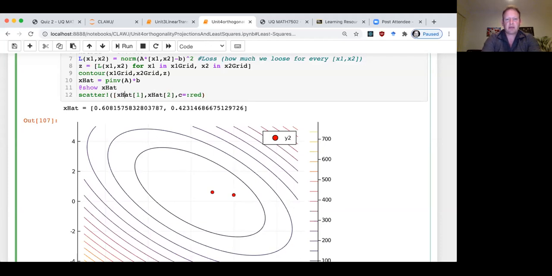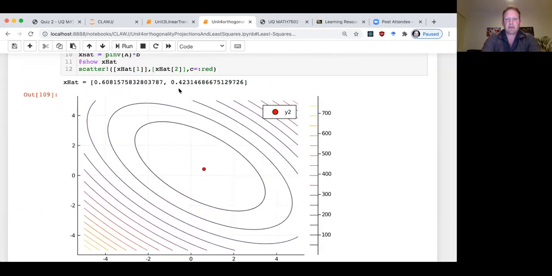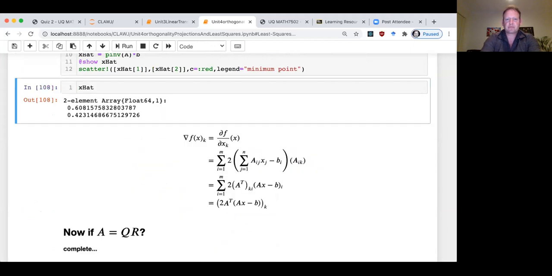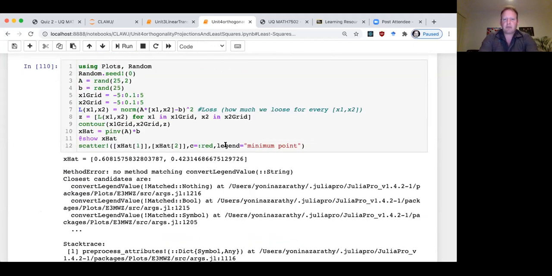That's annoying. Whatever. This will just plot this minimum point. Okay. Legend equals minimum point. Label equals minimum point.